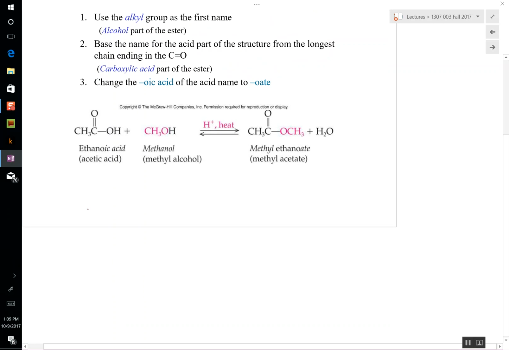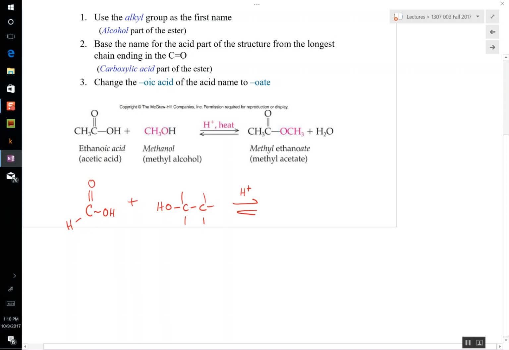So let's take a 1-carbon carboxylic acid and let's react it with a 2-carbon alcohol. So I'm just putting the shoes on the opposite foot. We're starting with a 1-carbon carboxylic acid reacting with a 2-carbon alcohol.